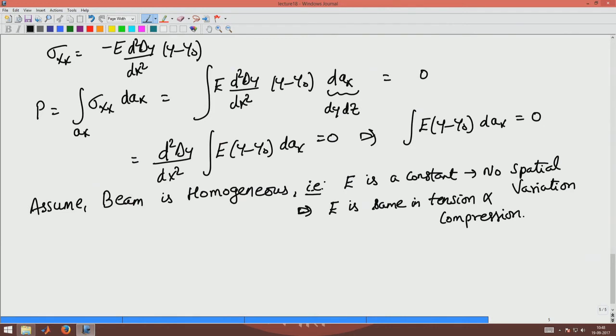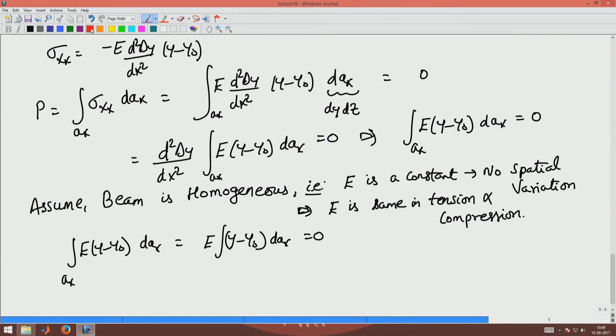Okay. Now, what happens is, I can pull out E since E is a constant. So, the integral over A of x of E times (y minus y naught) dA of x gives me E times the integral of (y minus y naught) dA of x equal to 0.